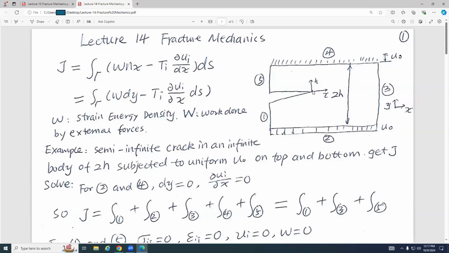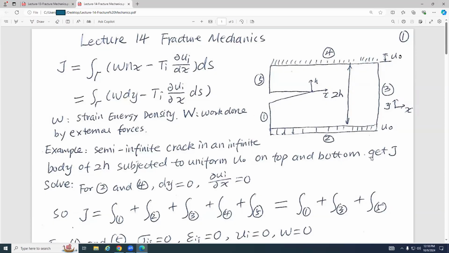So here, this is a crack tip, and we have an X and a Y. The height is 2h, and this is a semi-infinite crack in an infinite body of height 2h, subjected to uniform displacement U0 on the top and on the bottom. So this is U0, this is U0.